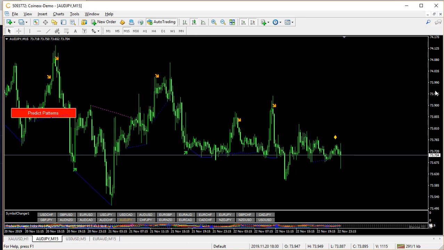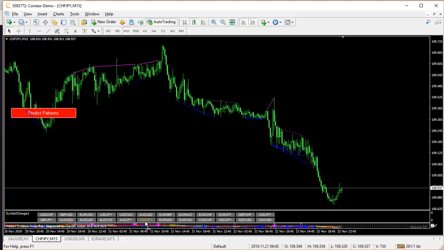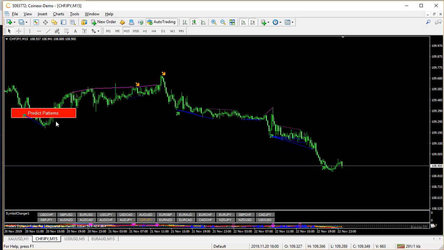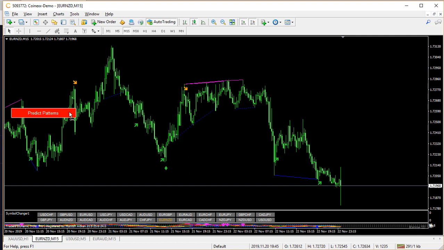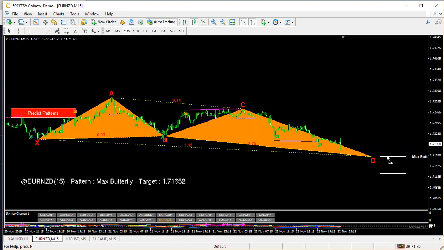AUD JPY, no pattern. Chef JPY, no pattern. RNCD. We have one pattern, two patterns. We have a nice butterfly formation from X to A. And I just like to confirm that B point.